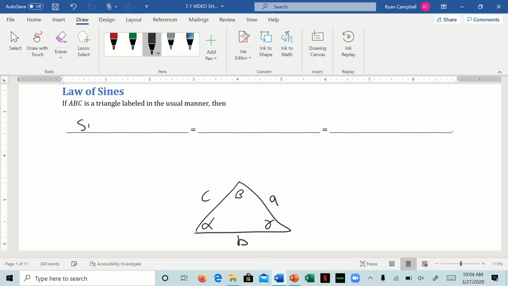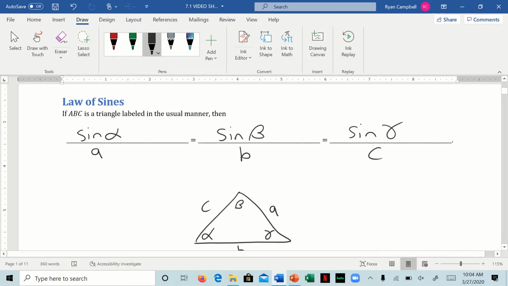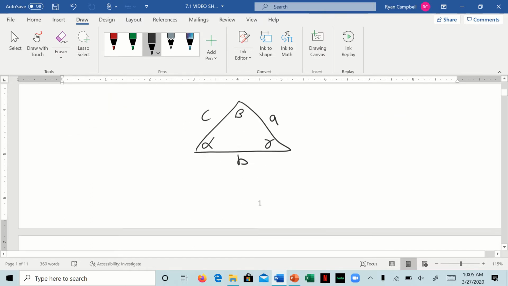We know that the sine of alpha divided by A is the same as the sine of beta divided by B, which is the same as the sine of gamma divided by C. So you can go ahead and, on that handout for chapter 7 that has all the formulas, write that one down with it.